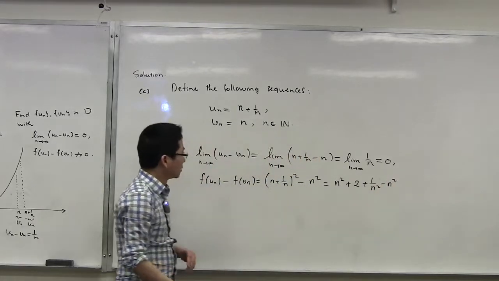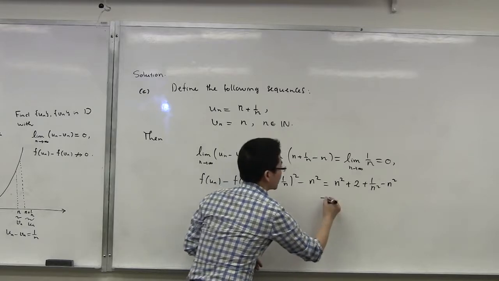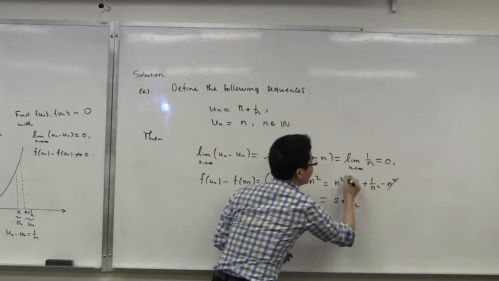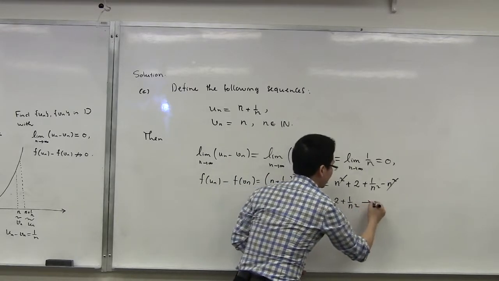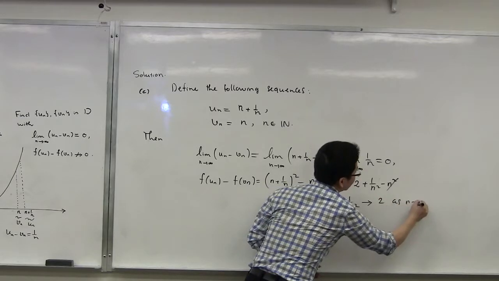So this is equal to 2 plus 1 over n squared, because we can simplify n squared, and as you can see, it converges to 2 as n approaches infinity.